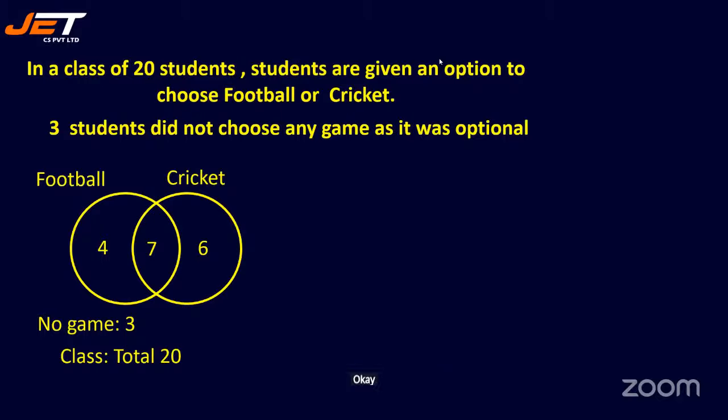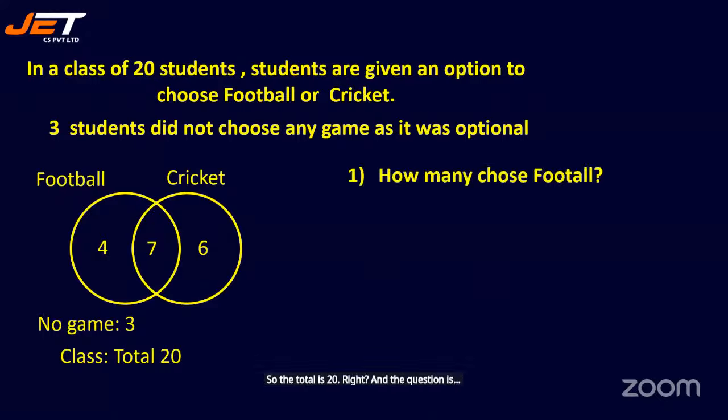Okay. So optional means not compulsory. Right. Now, see here, 3 students did not choose any game as it was optional. So the number for no game is 3. So the total is 20. Right. And the question is, how many choose football?